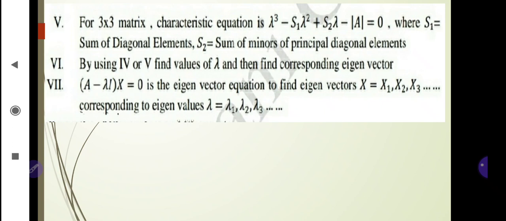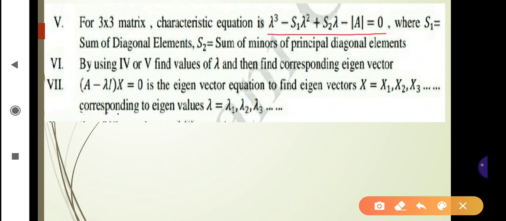Next, for a 3 cross 3 matrix, the characteristic equation is lambda cube minus s1 lambda square plus s2 lambda minus determinant of A equals 0, where s1 is the sum of diagonal elements and s2 is the sum of minors of principal diagonal elements. So how to find s1 and s2?